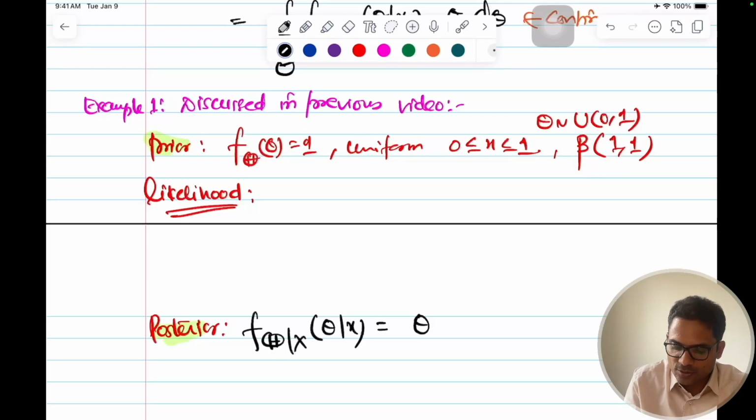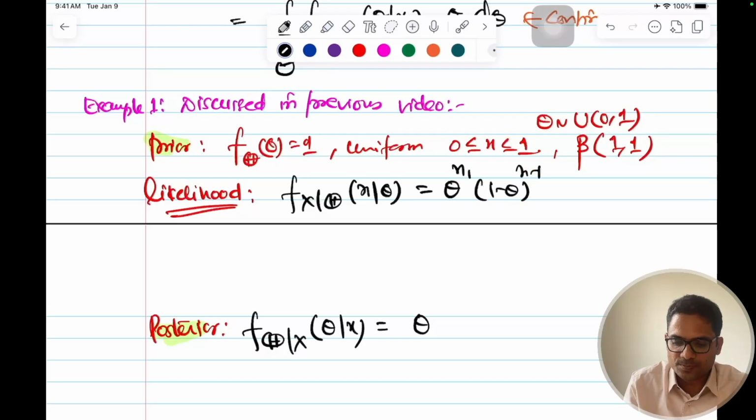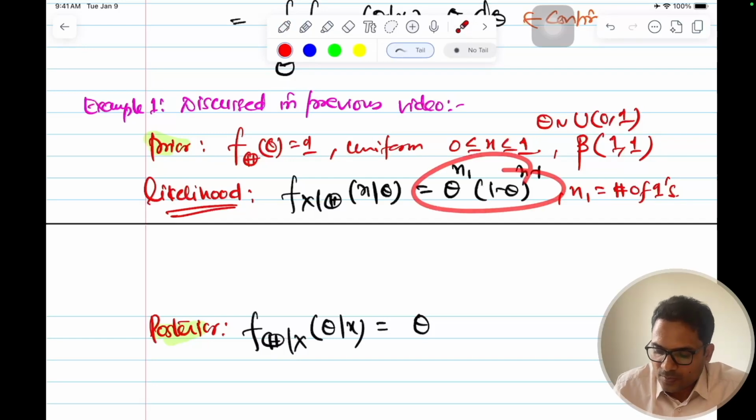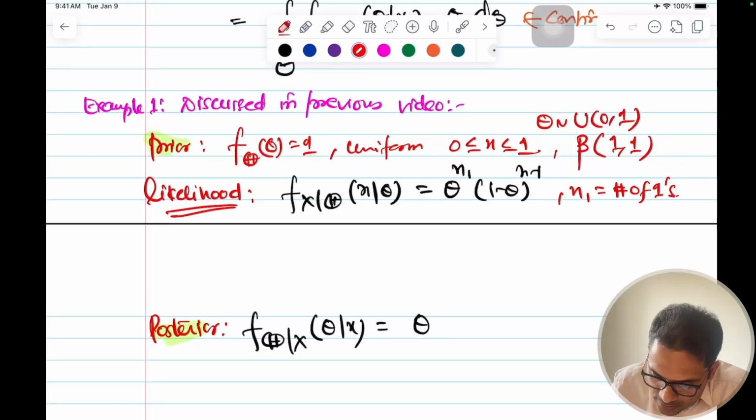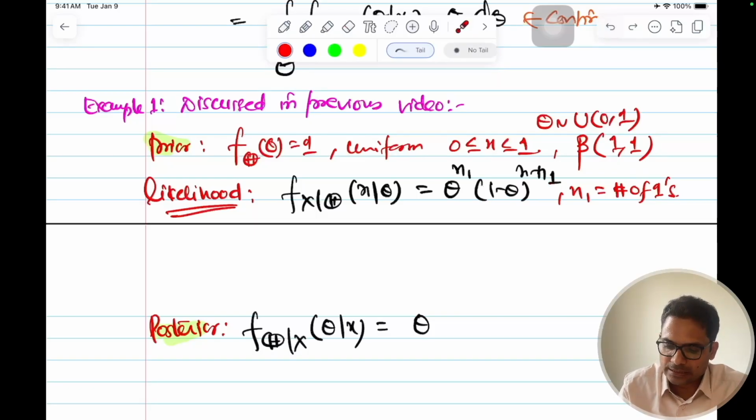The likelihood of f of x given theta was theta to the power n1, 1 minus theta to the power n minus n1, where n1 is the number of ones in n trials, and n minus n1 gives the number of zeros. Theta was the probability of success, and 1 minus theta the probability of failure.